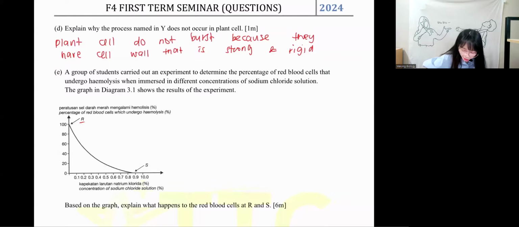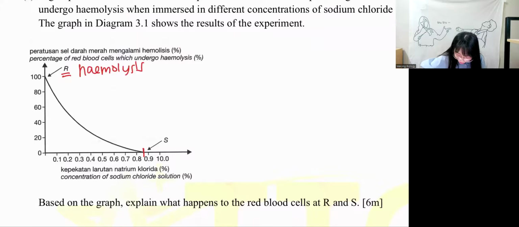What happens at R? Hemolyze, right? It is what it says. So at 0%, the red blood cell undergoes hemolysis. At 0.85%, what happens to the red blood cell at S? Do they undergo hemolysis? No, right? It's 0 over here.